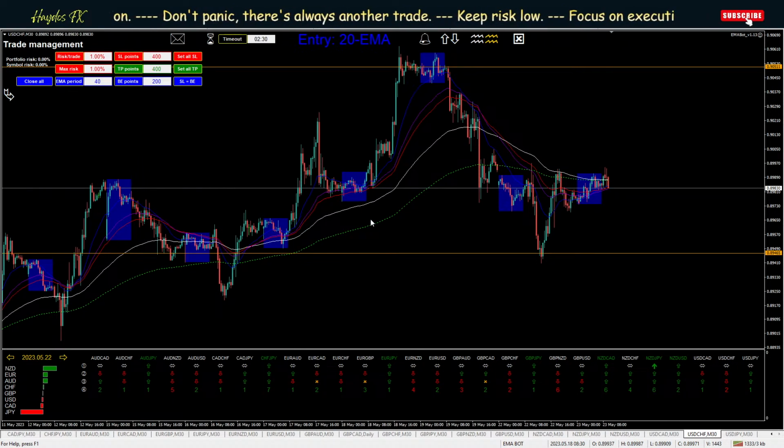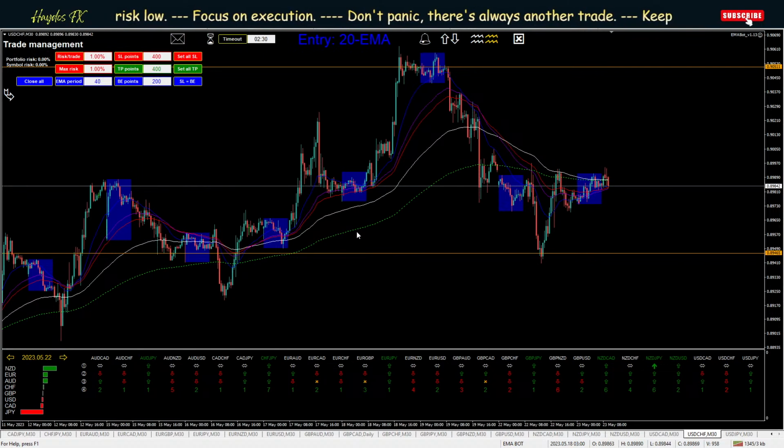If you want to add the 20 EMA on a 4-hour chart, that would be the 160 EMA on the 30-minute chart. All the EMAs here are on the 30-minute chart, just for you to look at levels you want the robot to take a trade from.